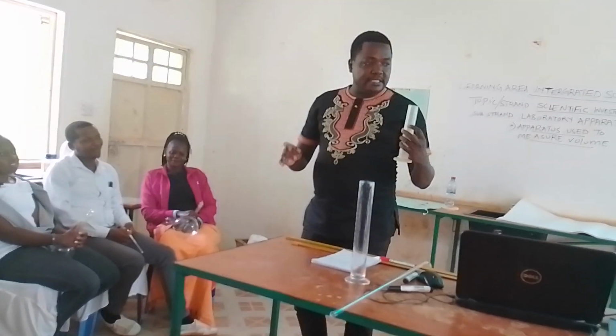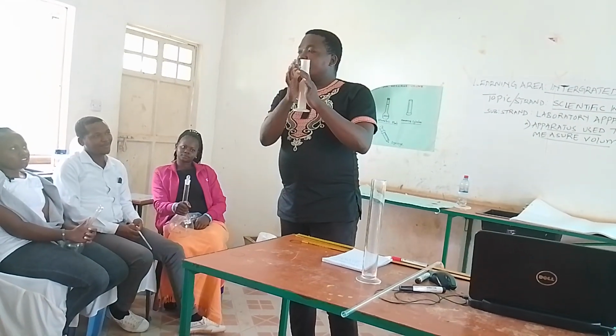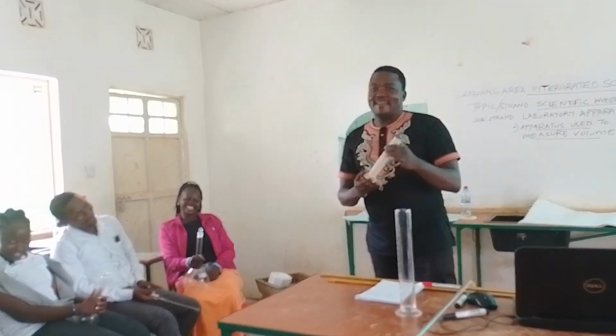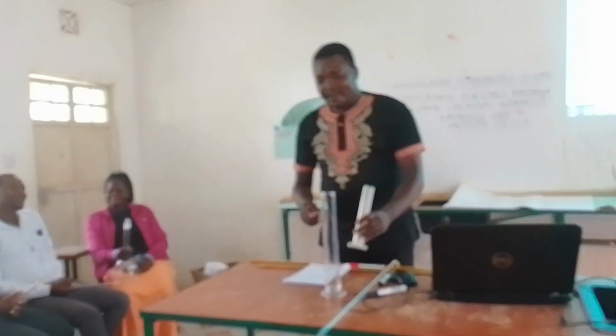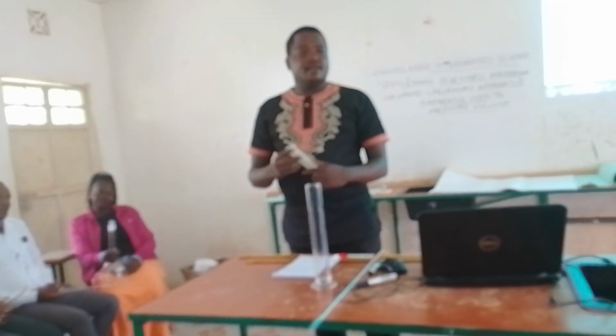Because the jugs that we have at home, they don't have that graduation. They don't have that scaling. The jugs we use at home, but this one, we have this scale. We can measure 10, 20, 30, like that. Okay, thank you.